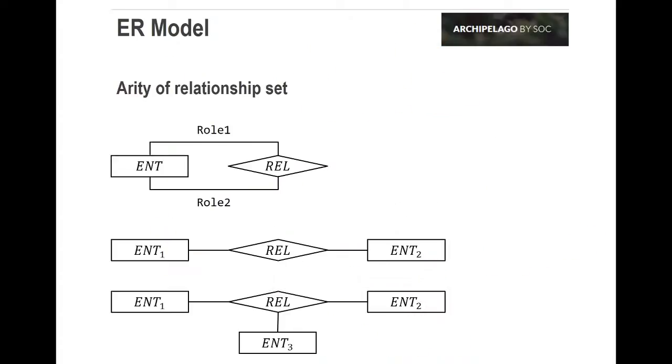So let's take a look at other kinds of arity. For this one, I'm using a terminology that I don't really find in many books, but a lot of books actually say that this is unary.